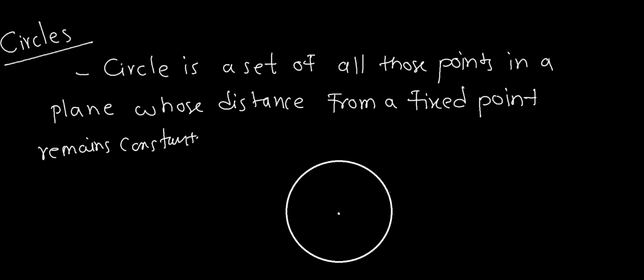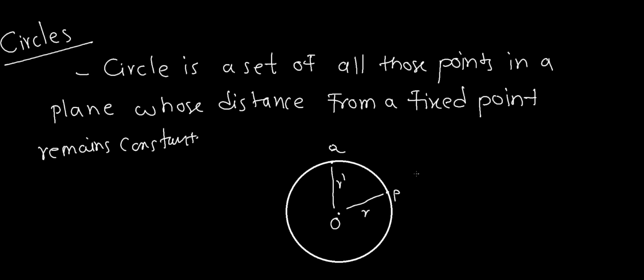If we choose this point, let's say P, and this point O, the distance of this point to this point, let's say R, and if we choose another point, let's say Q, the distance from this point to this point, R dash.